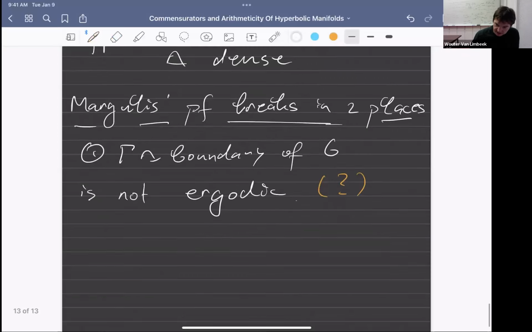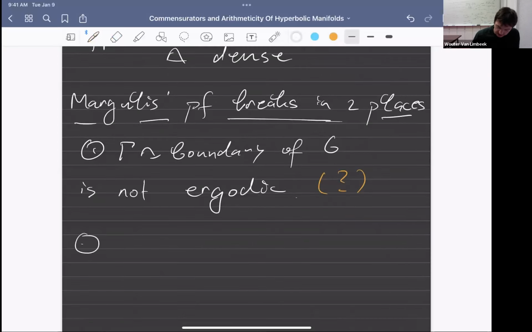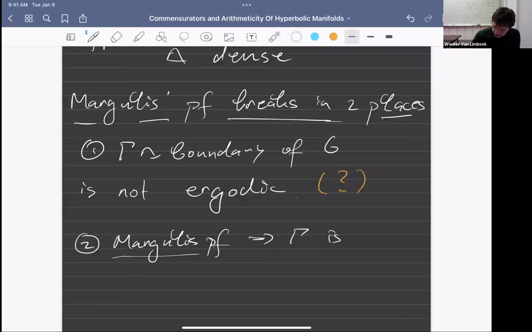And the second is that even if you do that, Margulis' argument only shows that gamma is sub-arithmetic, which means that it's contained in an arithmetic group.